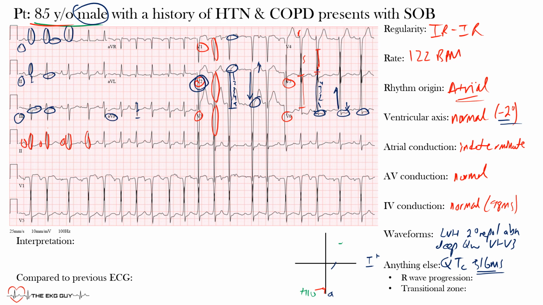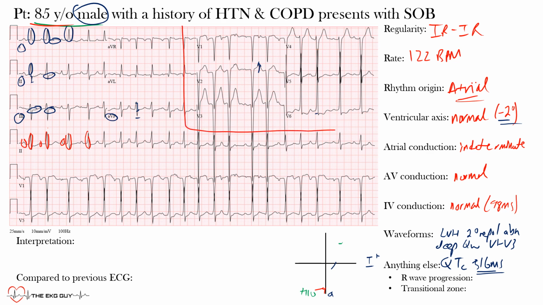Okay, so just to take this off so we can clear this up, what we're looking at in these last two things, the R-wave progression and transitional zone, are in these precordial leads. Notice that in V1 we don't even have any R-wave. Same thing in V2, and the R-wave should normally increase, and then we start to see it here in V4, and then you see a big increase in V5.